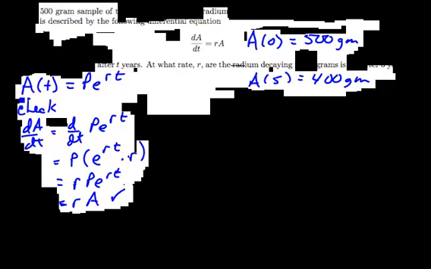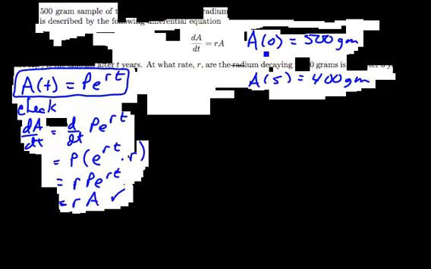And now we can see that this can be written as simply r times A. So the derivative of A is r times A. All right. So far so good. We now know that the function we're looking for has this form, and now we just have to make sure that it fits this data.